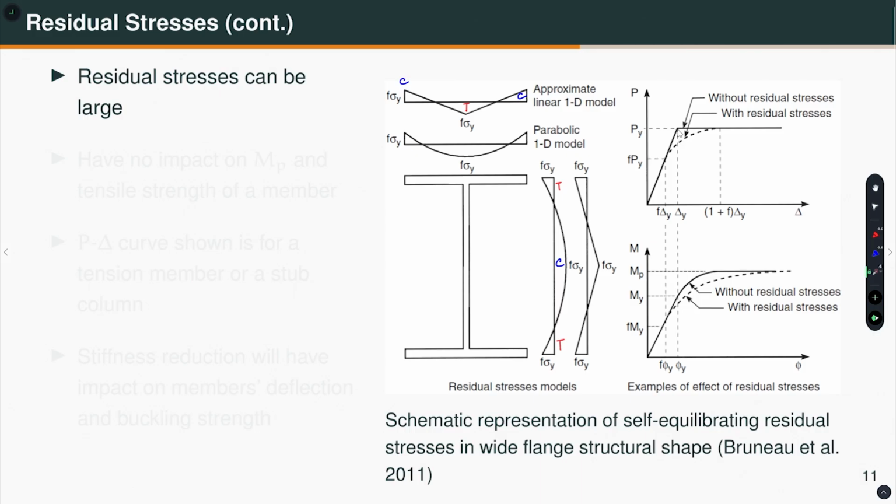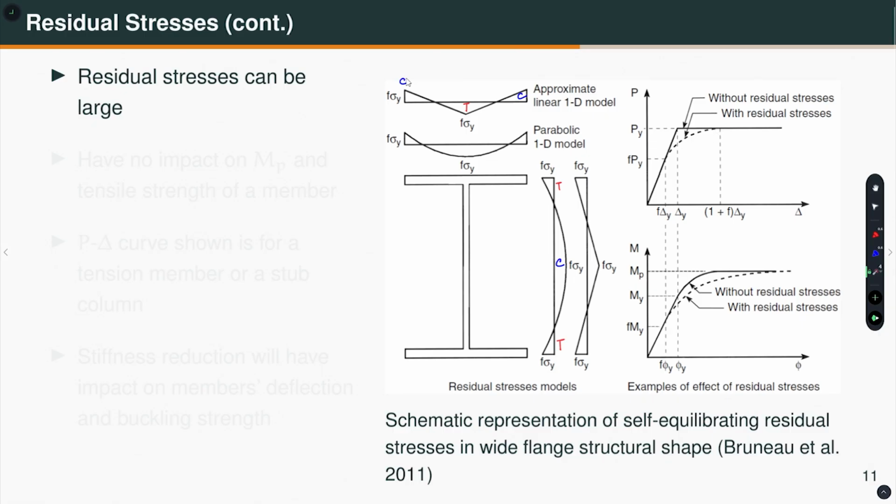Now, the moment you have residual stresses and you are trying to pull it, applying some tensile force, this and this will yield earlier. So, they will depart from the straight line earlier due to the presence of residual stresses. Some factor of the Py, from there it will start to depart, but eventually the entire section will become fully plastic when you apply some tensile load.